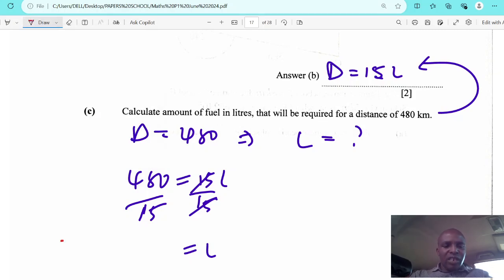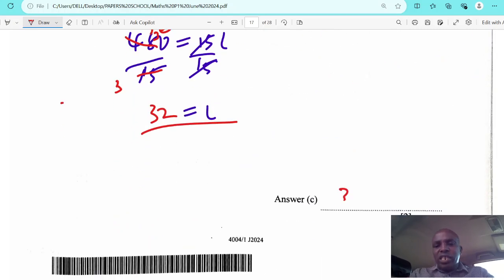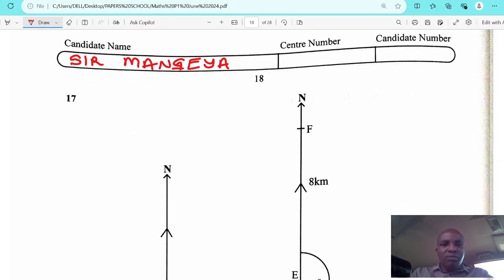Let's simplify by 5: 3 here, 96 here. 3 into 9 is 3, remainder 0, 3 into 6 is 2. So 32 liters. L is equal to 32 liters. Write units, please. Put your units. Liters. These are my units.